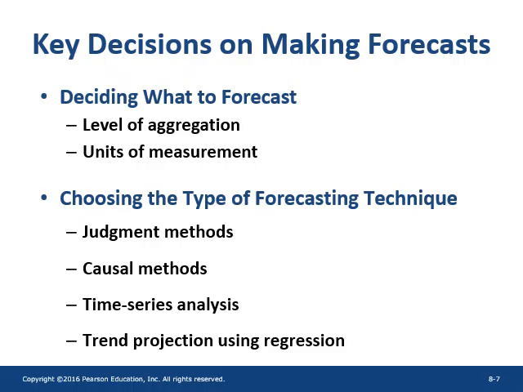So trend projection using regression is a time series approach to using the regression tool. We'll look at that. Finally, there are judgment methods of forecasting. So if we're really thinking about long-term forecasts, I might ask you, do you think that there's going to be a need for more classrooms in Statesboro as we look toward 2040 and 2050?